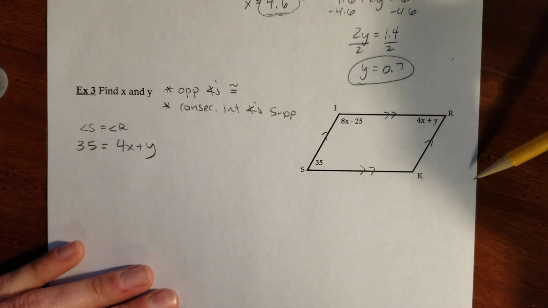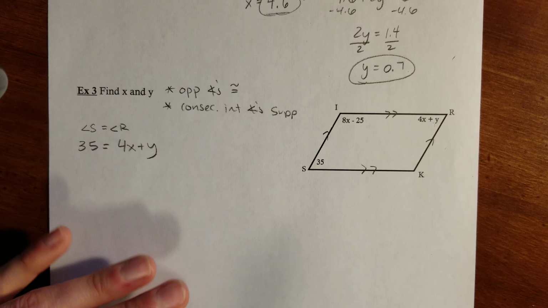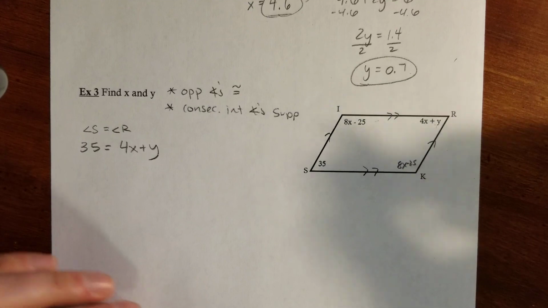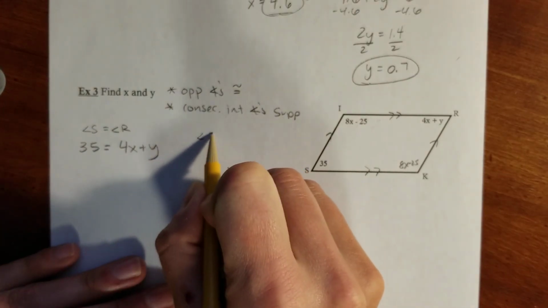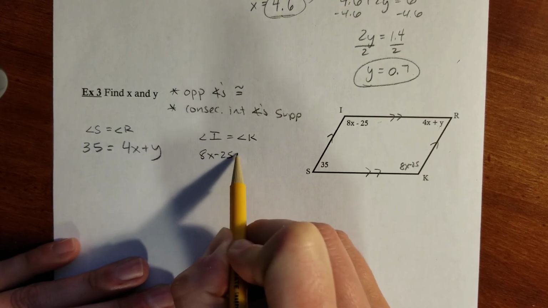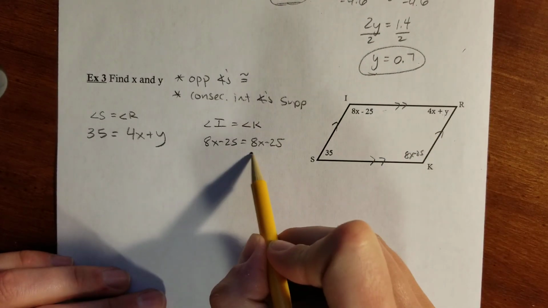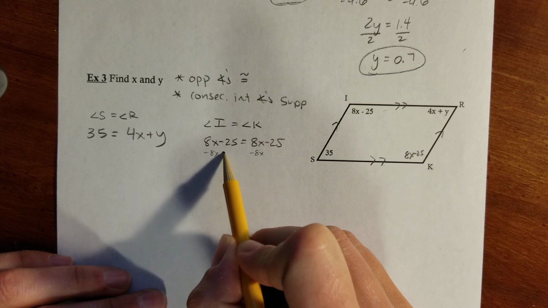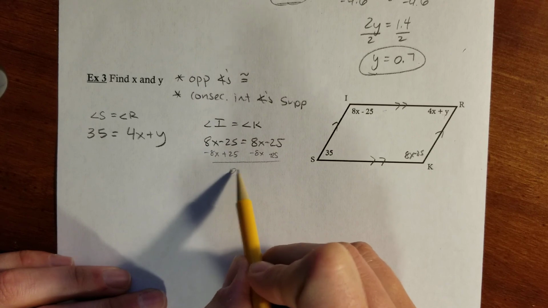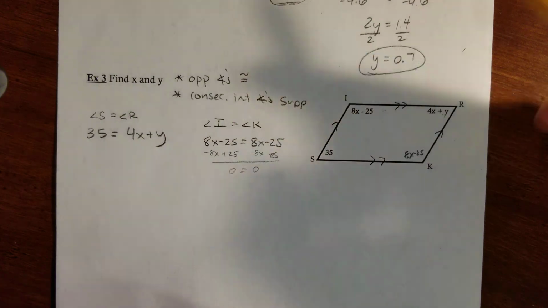For I equals K, 8x minus 25, this would also be 8x minus 25, so we could definitely do that, except if we set those equal to each other, angle I equals angle K, 8x minus 25 equals 8x minus 25, well, a whole bunch of stuff is going to cancel out here if we try to solve that. Because these two sides are exactly the same, this isn't going to help us. All right, so opposite angles congruent aren't exactly going to help us.